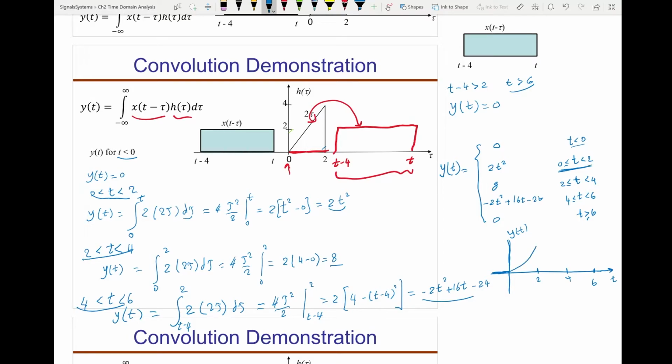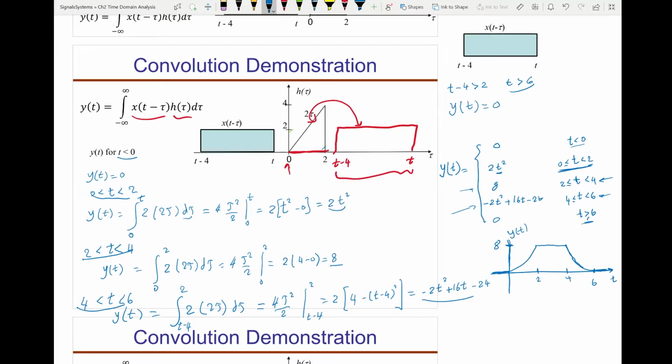If I plug in t equals 2, that will be 4 times 2, which is 8. From t equals 2 to 4, it's just 8. And from 4 to 6, it's this function, and if you plot it, it's going to look something like this. And t larger than 6 is just 0 again.